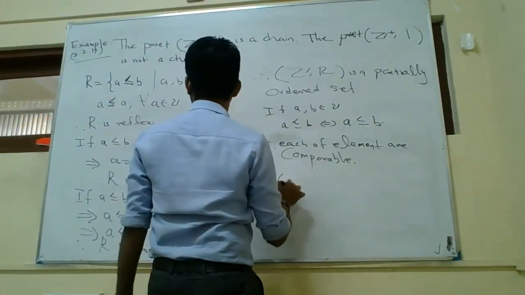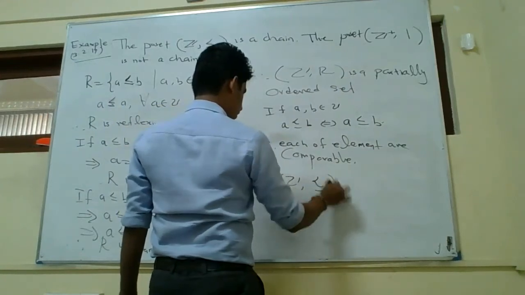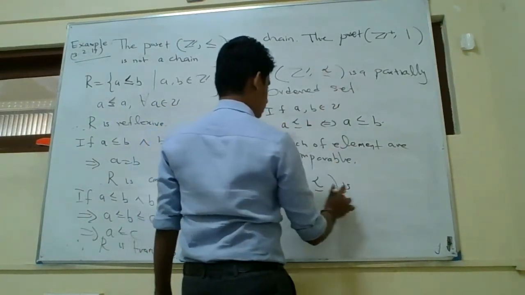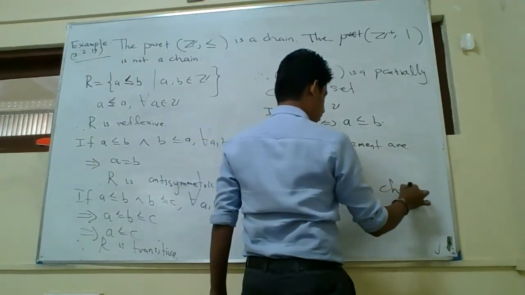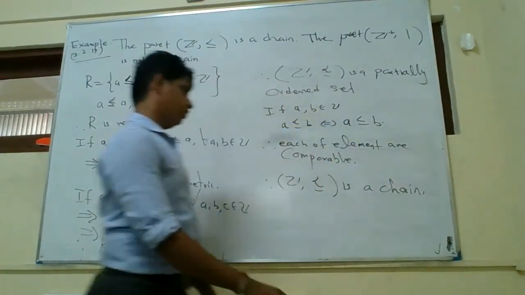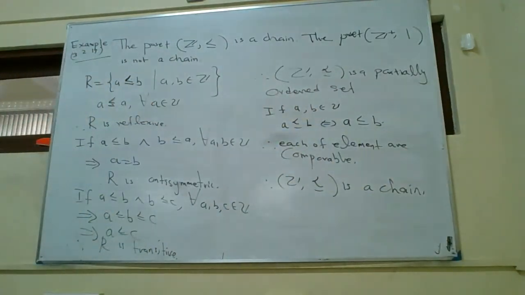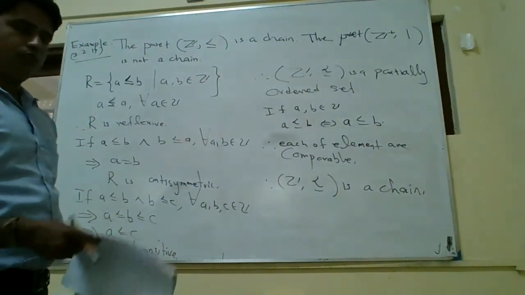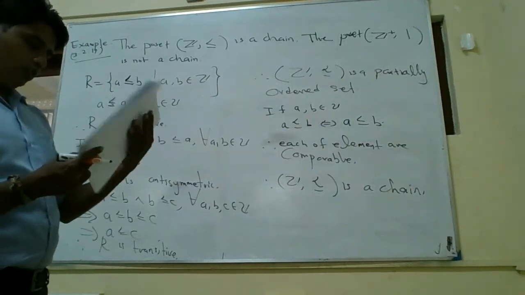Therefore, it is a chain. Here also you can use this notation, no problem. This is a chain, right? Chain means totally ordered set.